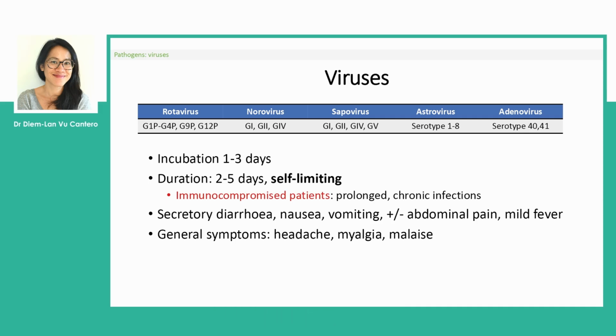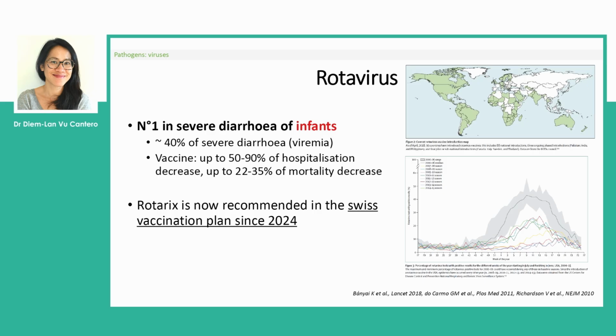Usually viral gastroenteritis is associated with general symptoms and with nausea and vomiting. Rotavirus is the first cause of severe diarrhea in infants, but the vaccine has sharply decreased the hospitalization and mortality rate worldwide. So now, Rotarix is recommended in the Swiss vaccination plan since 2024.